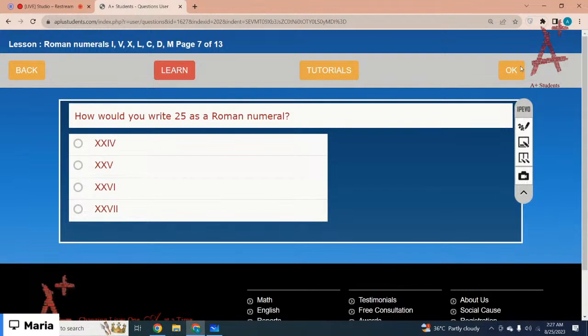So 10 is represented by X, then again 10 is X, and 5 is V. It would be XXV. Option number 2 is the correct option.